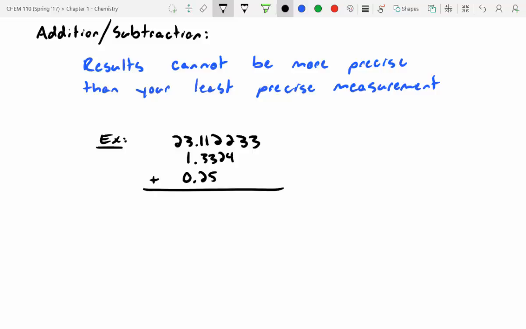Which numbers are least precise? Is it the top one, the middle one, or the bottom one? Bottom one. We were only confident to the hundredths place. In the bottom one, where the top ones, we were confident to a much higher degree, right? So this is only precise to the hundredths place.